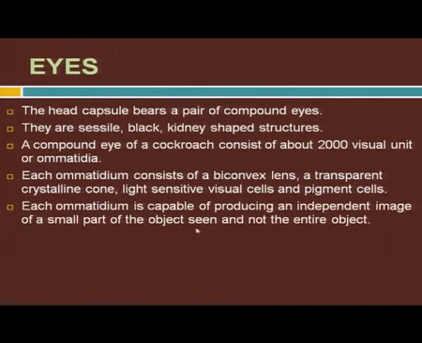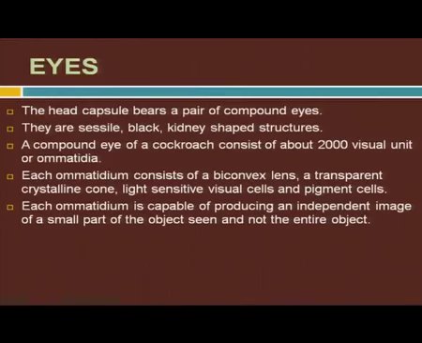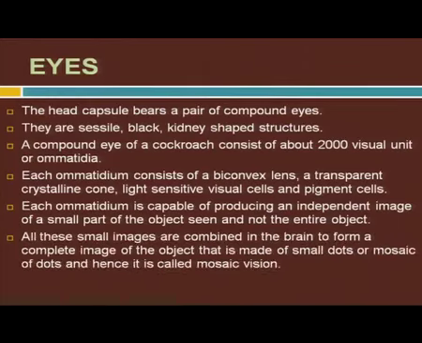Each ommatidium is capable of producing an independent image of a small part of the object and not the entire object. Each of these ommatidia will form individual images and there will be a combined image, and such kind of vision is known as mosaic vision, in which images are formed in patches in all the ommatidia.